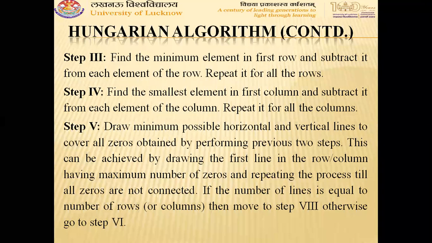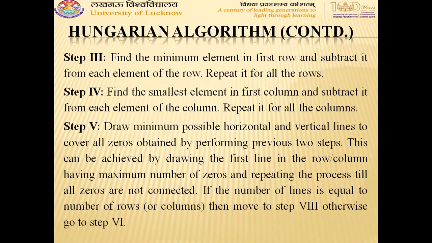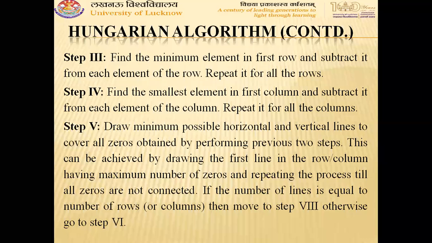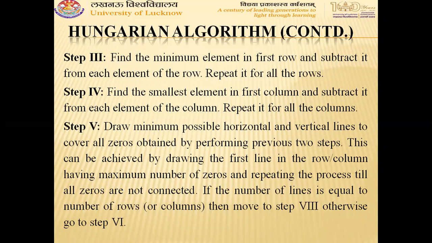Now step 5 is to draw the minimum possible horizontal and vertical lines to cover all the zeros. All lines may be horizontal, all lines may be vertical, or there may be a mixture of vertical and horizontal lines. However, there is a condition that we have to draw the minimum possible lines.